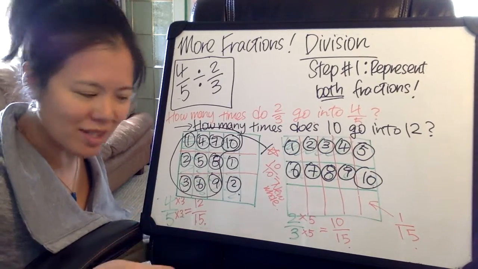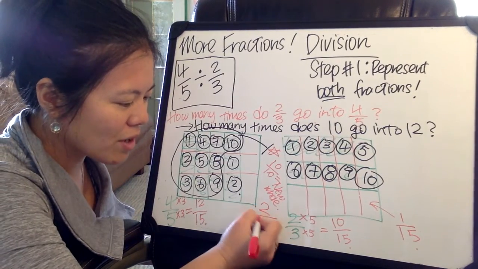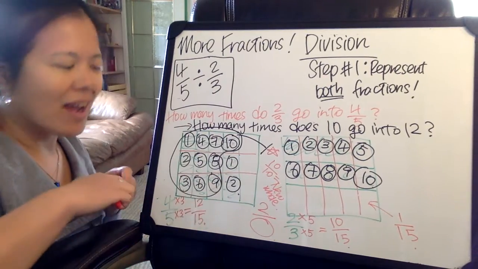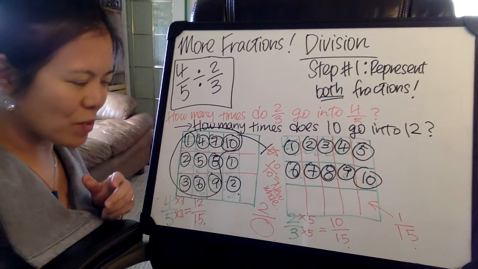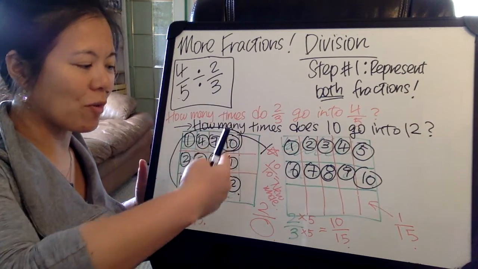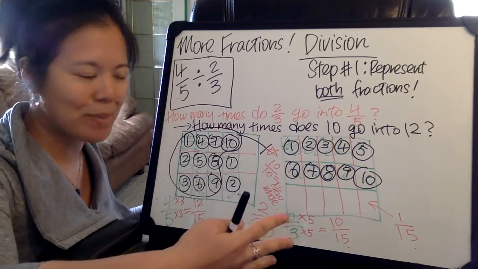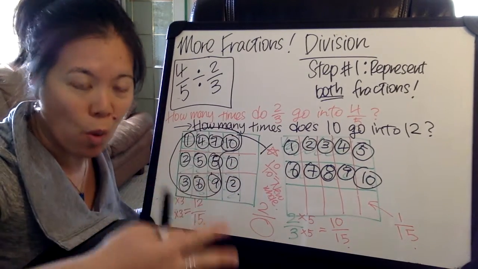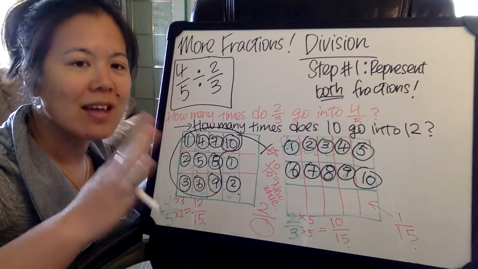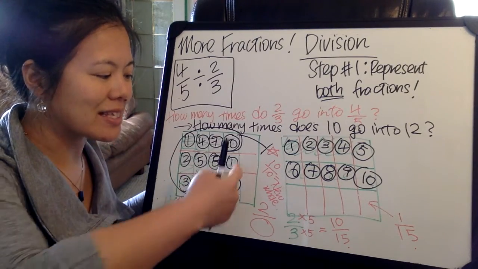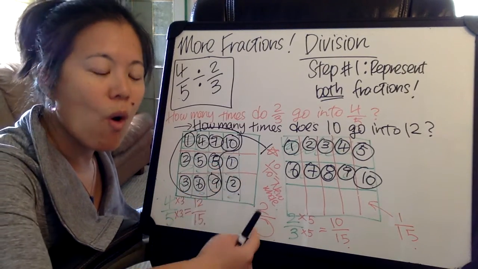But 2 over what, right? So this is what's going to help you, because I know that when I have 10 out of 10 pieces, that's my new whole. So 10 over 10, that's my new whole. That means I have 2 over 10.